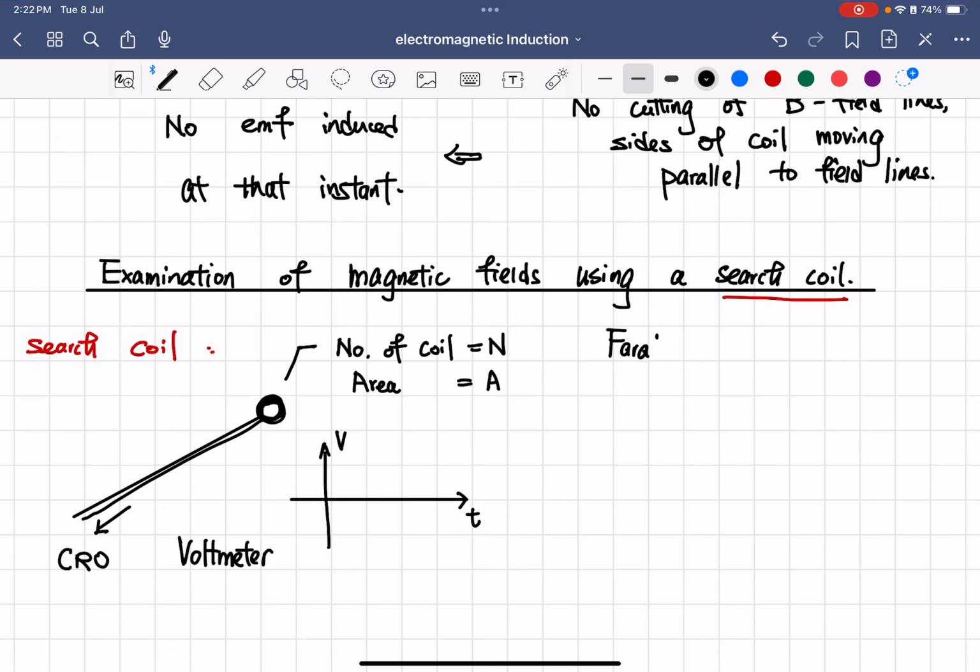So Faraday's law here tells us that if this coil experiences any change in the flux linkage of the coil, then there will be a voltage induced, and that can be detected by the CRO.